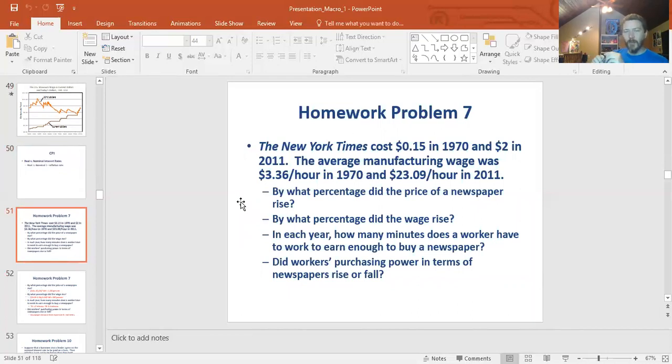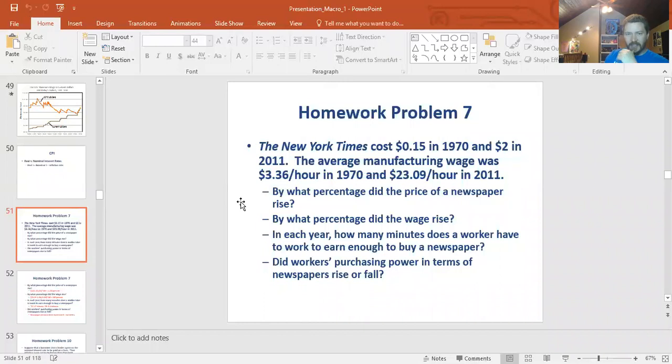So here's a homework problem. This is from the questions that are recommended at the end of the chapter. You have it here on the screen. If you want to review it later, you can pause this video or go back in the book and look at it at the end of the chapter. Here you see figures on how much the newspaper cost in 1970 and more recently, and figures on the average manufacturing wage back then and more recently.